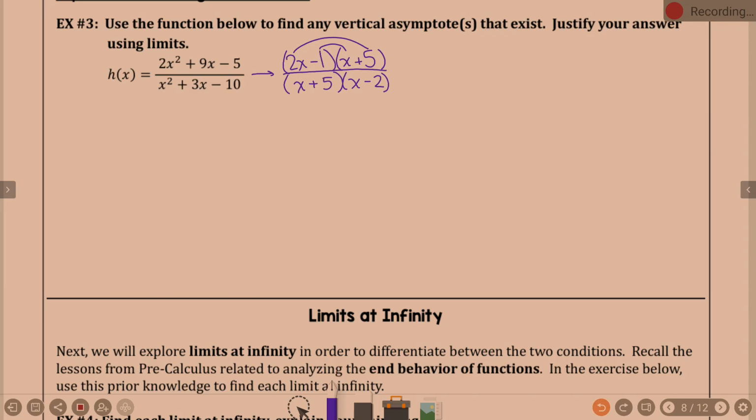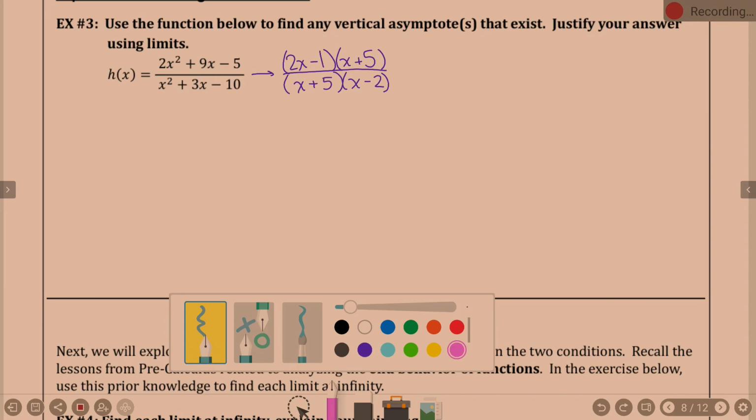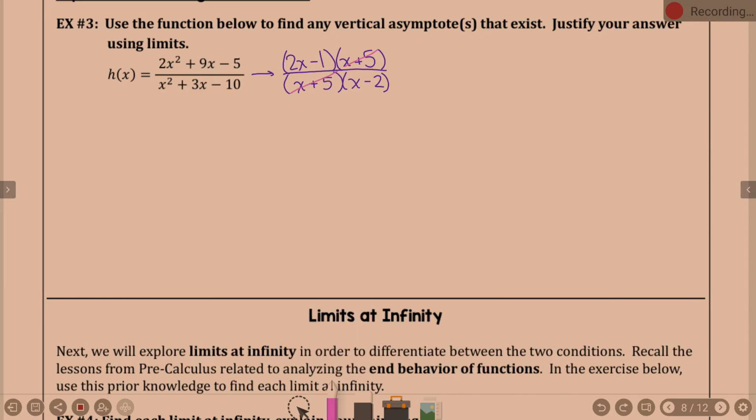Okay, so what's going on here? Okay, there's a hole now. It didn't really ask us about holes, did it? It just said use the function below to find any vertical asymptotes that might exist and justify using limits.